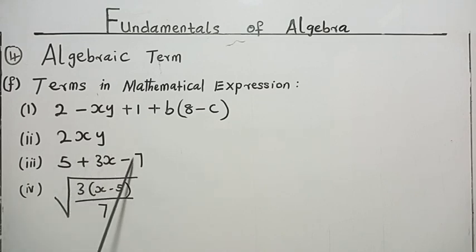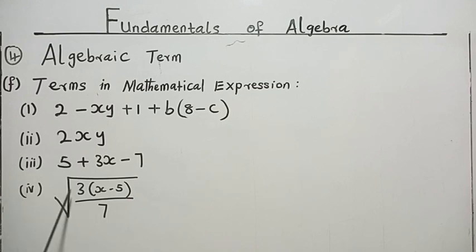Based on that, 5 is independent of 3x and 3x is also independent of minus 7. Because each number here is independent, each of them is said to be a term on its own. So instead of 4 terms being in this expression, I think at this point we have seen that what we now have is how many terms? 3 terms. 1, 2, 3 terms.